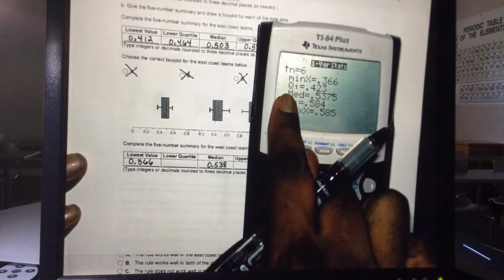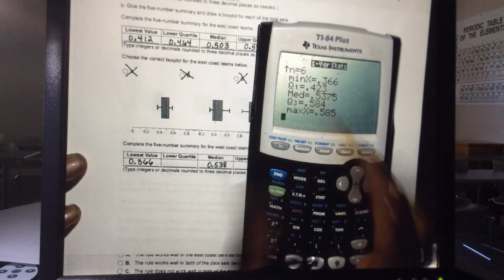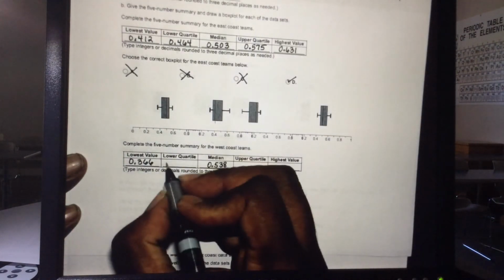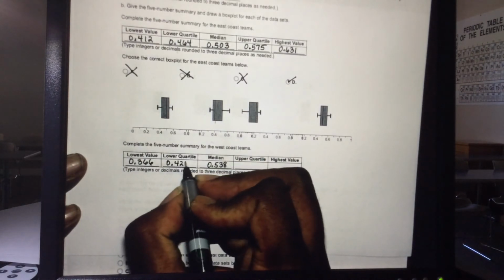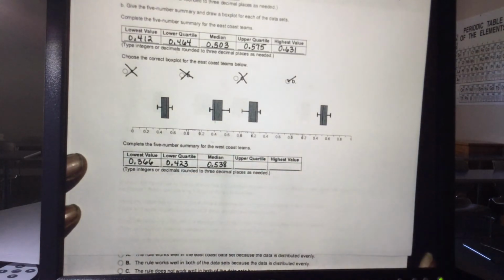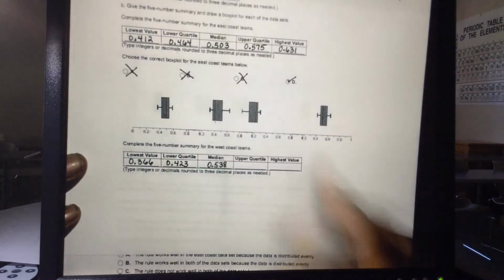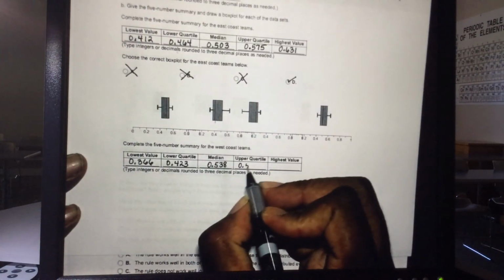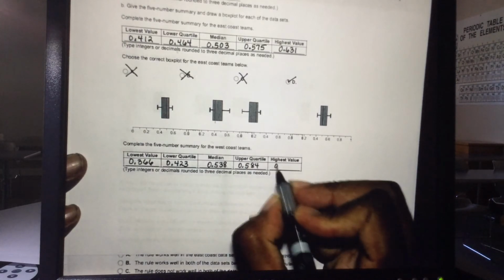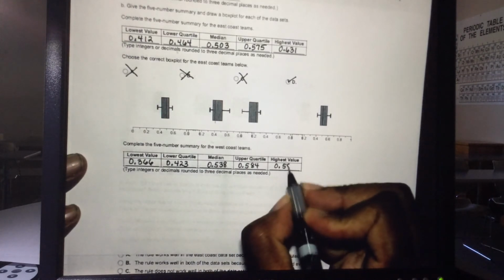That Q1, that's your lower quartile, by the way, 0.423. The upper quartile, Q3, 0.584. And the highest value was 0.585.